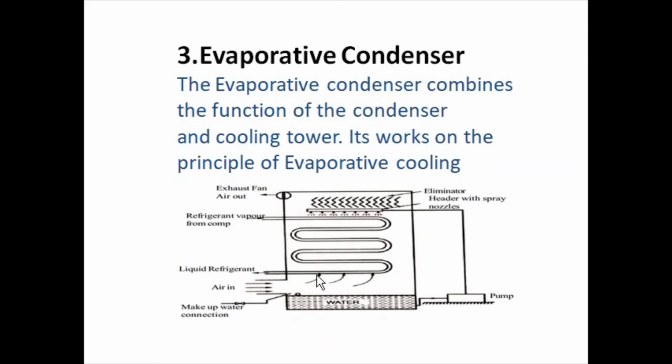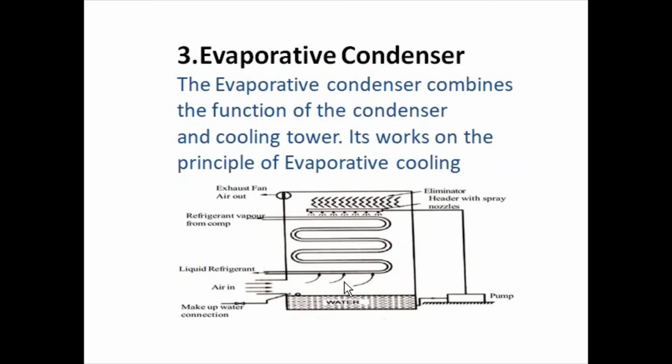For this evaporative condenser, which works on the principles of evaporative cooling, the water evaporates when it comes in contact with refrigerant flowing in the condensing coil. In this, both air and water are used as cooling medium.